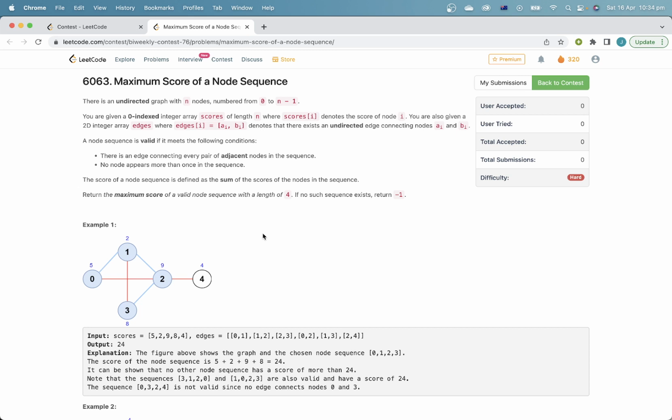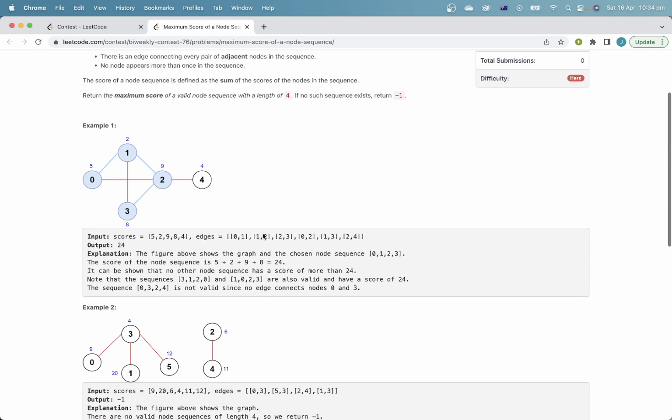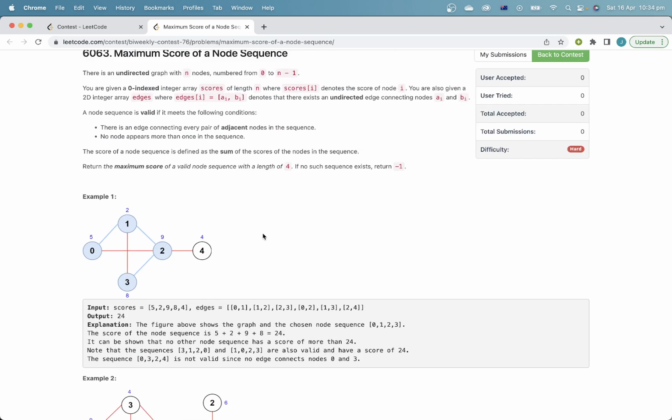Okay, I need a path of length specifically 4.